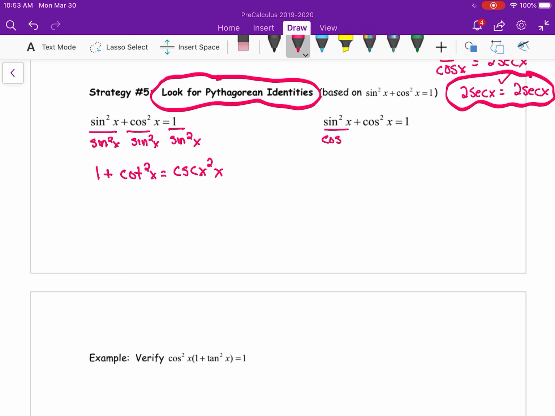Here, if we divide by cosine squared x, we end up with tangent squared x plus 1 equals secant squared x. So these are our 3 identities that we can use.